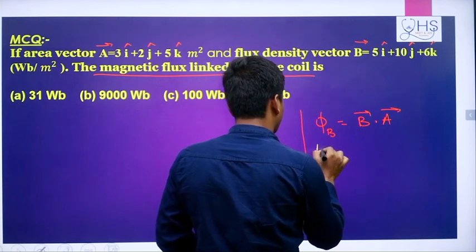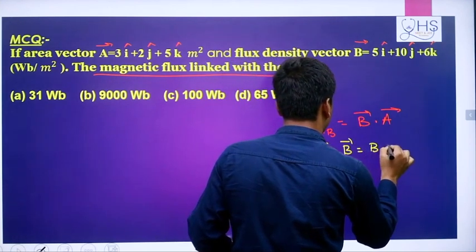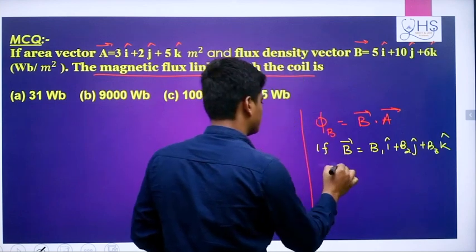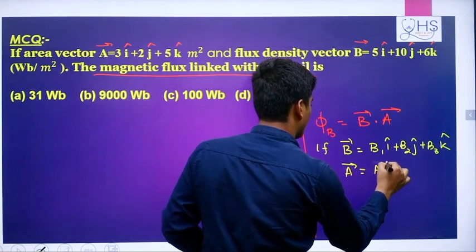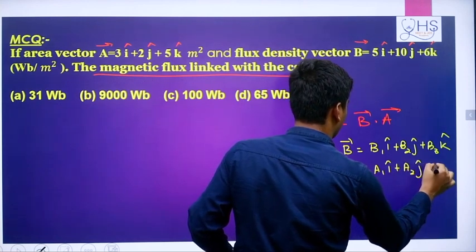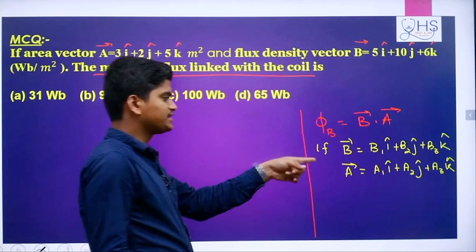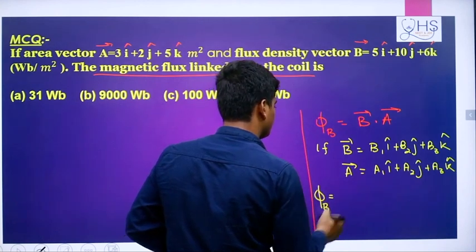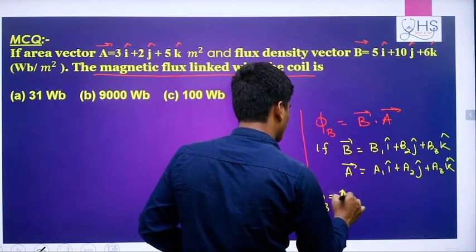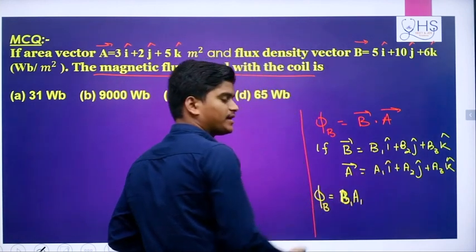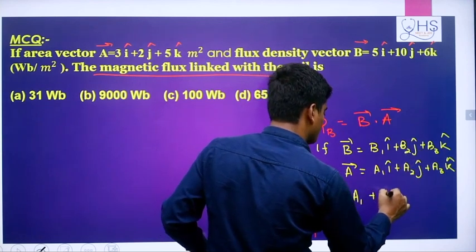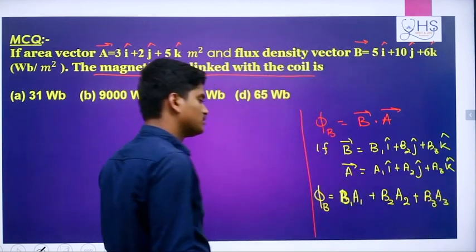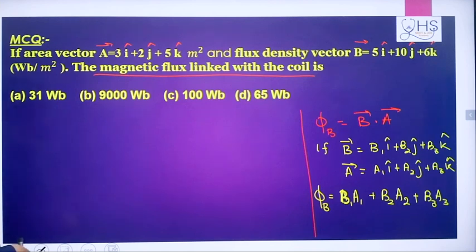So if it is not given like that, what do you do? Suppose the B vector is given like this: B1 i plus B2 j plus B3 k, and the A vector is given as A1 i plus A2 j plus A3 k. If it is given vector-wise like this, in component format, and you want to find magnetic flux, then the dot product rule applies. You multiply B1 A1, the i cap components, the j cap components, and the k cap components.